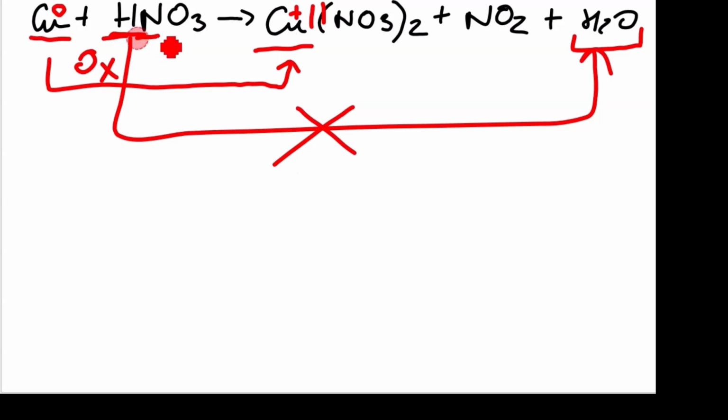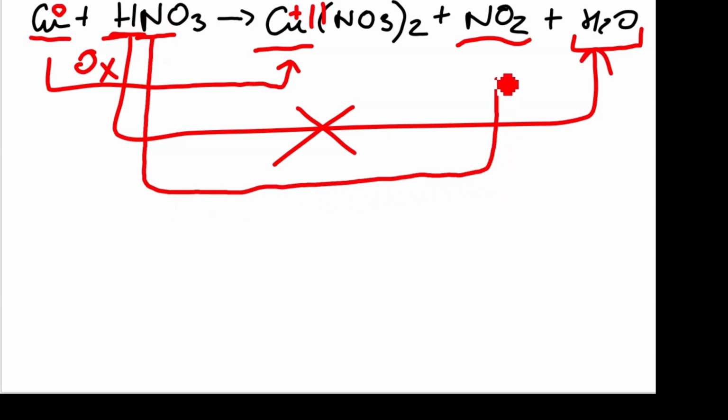Okay, another one. Let's see nitrogen. We have nitrogen in the nitric acid, and we also have nitrogen in the nitrogen oxide here. So let's check it. In nitric acid, we can calculate the nitrogen oxidation state.